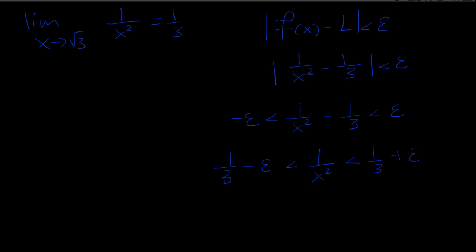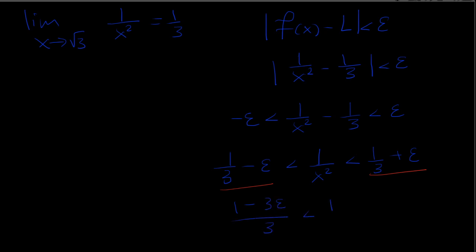And the next step, I'm going to flip everything. Well, let's do this first. Let's get each one of these into a single fraction. So 1/3 minus epsilon will just be 1 minus 3 epsilon over 3.